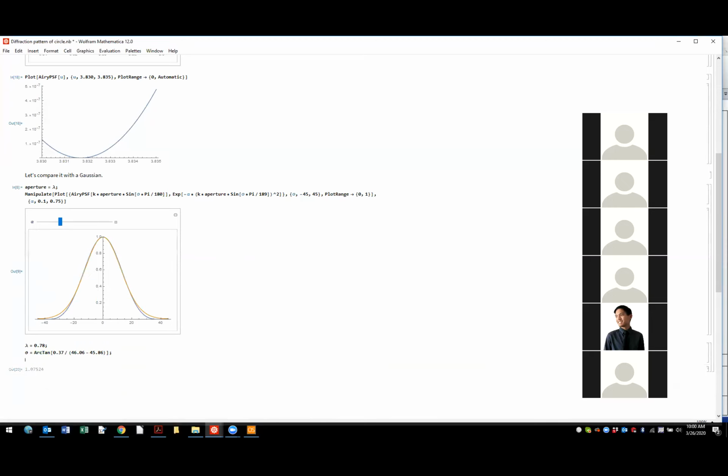Okay, and then the resolution should be 0.6 times lambda divided by sine of theta. And I get 0.53 microns.